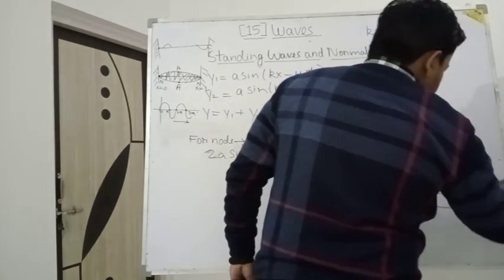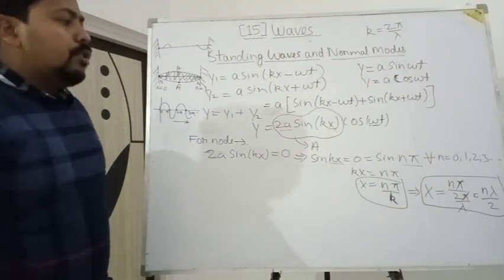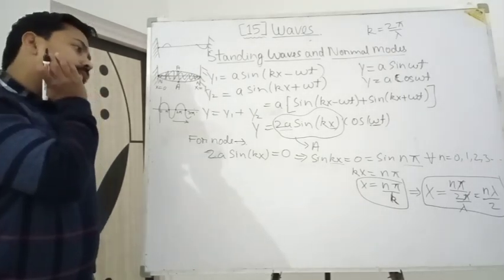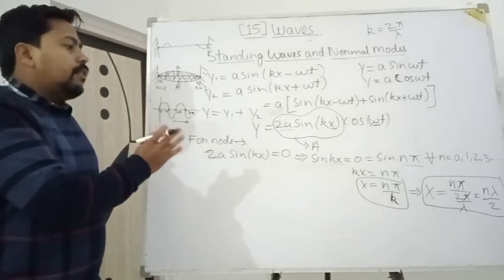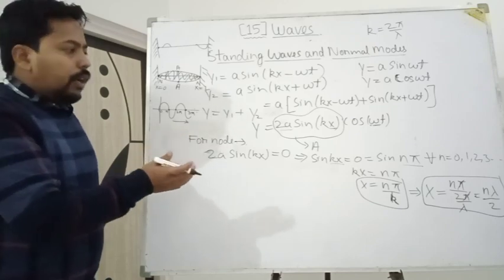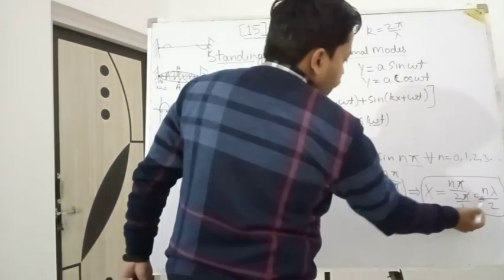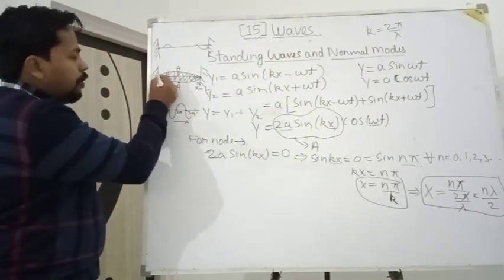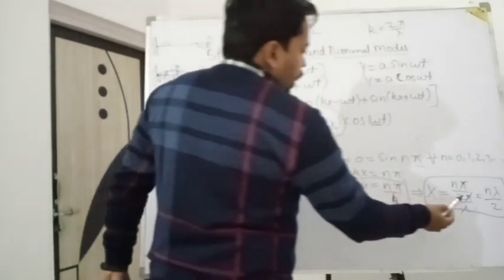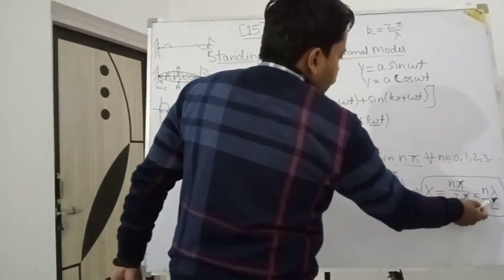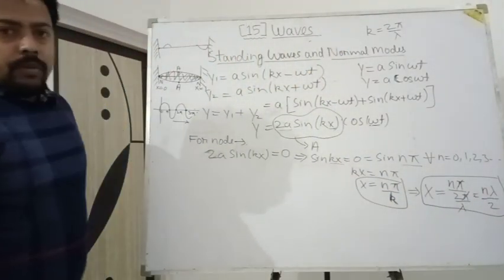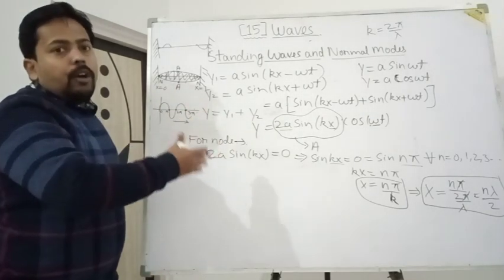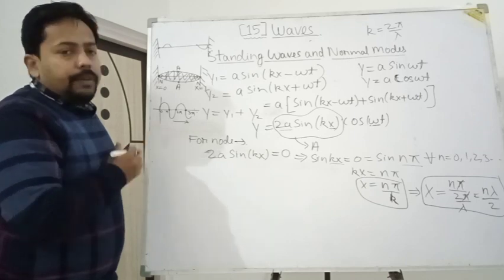So you can get the relation between the wavelength and the position of nodes. Here we have the wavelength of the standing wave. For n equals 0, the value of x will be 0, which means there will be one node at the start. For n equals 1, the value of x will be lambda upon 2. That means at the middle of the wavelength of the standing wave, we get one node.